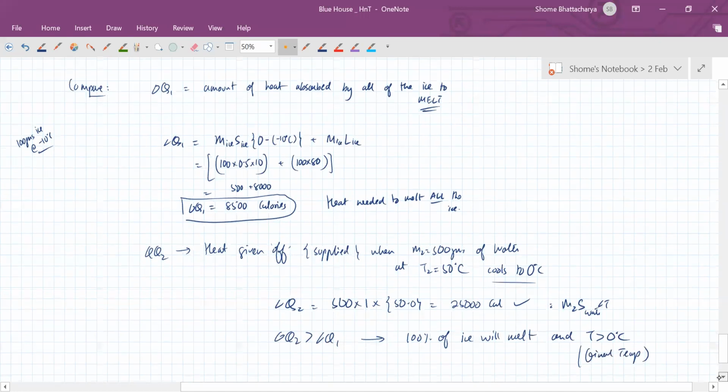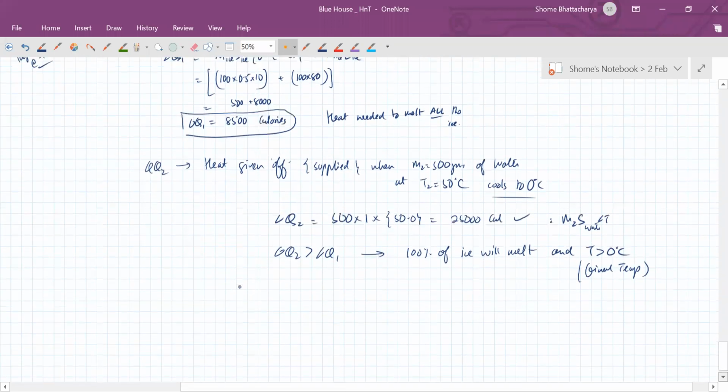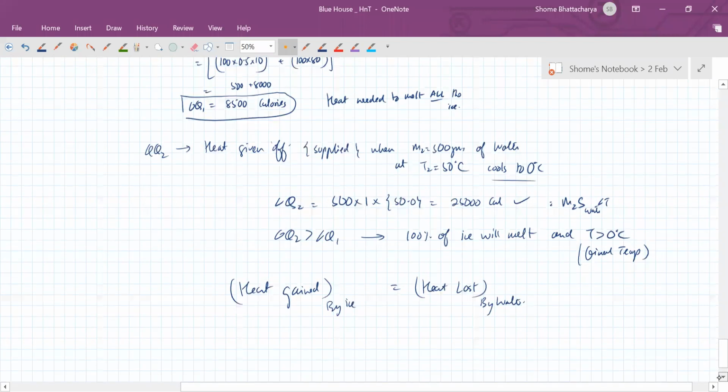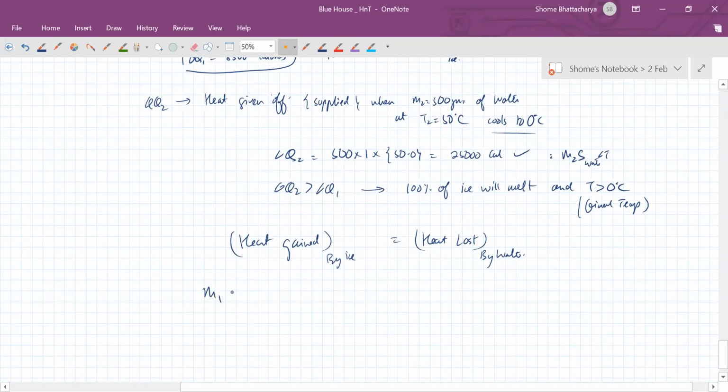So now we will calculate this final temperature by heat gained by ice equal to heat lost by the water. So the heat gained by the ice is going to be M1 into specific heat capacity of ice into this, okay, plus M1 into latent heat of ice plus M1 into specific heat capacity of water into T minus 0.